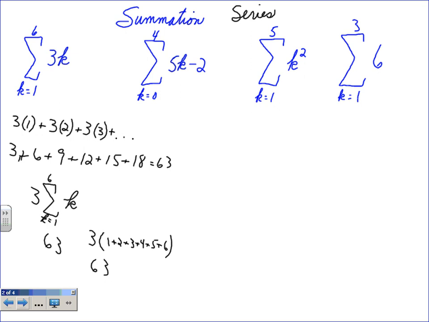The next one. This one starts at 0. It's no big deal. It just means you're going to plug in 0 for k, and then plug in 1 for k, 2 for k, 3, and 4, and add up whatever you get.